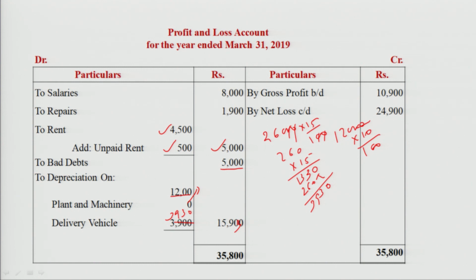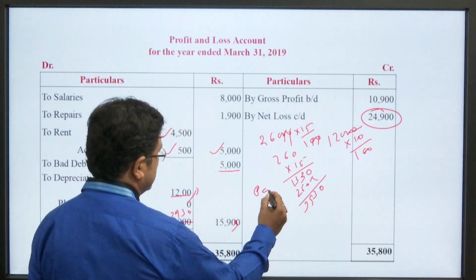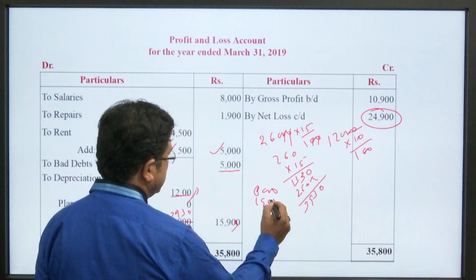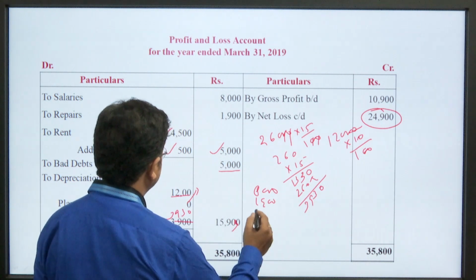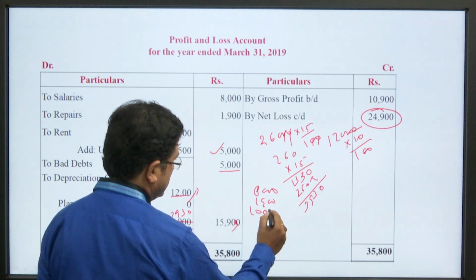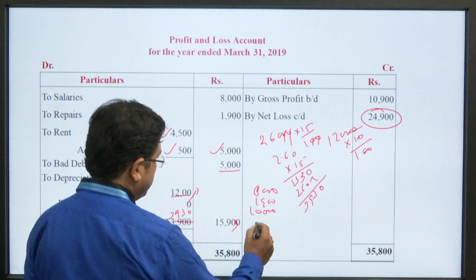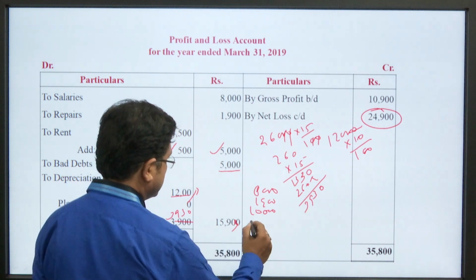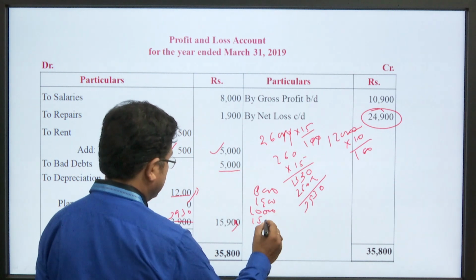After calculating the depreciation, we need to calculate the other expenses. So, here we find the loss. The total value of this is 8,000 plus 1900 plus 10 plus 15,930.